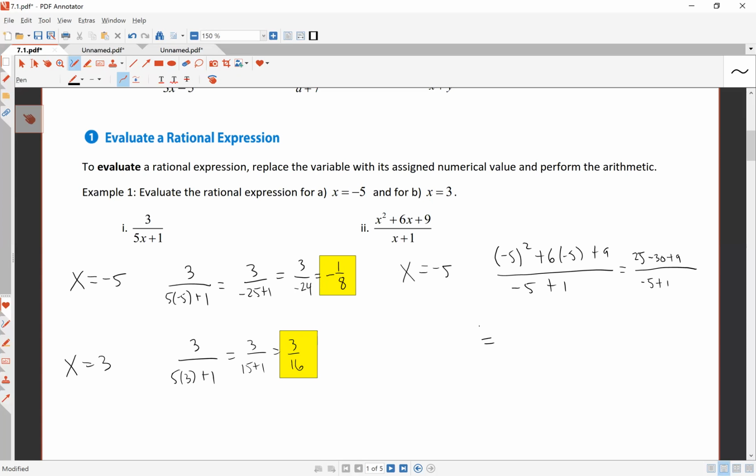So that works out to 25 minus 30, which is -5 plus 9. -5 plus 9 is 4, and -5 plus 1 is -4. At -5, this expression works out to be -1.